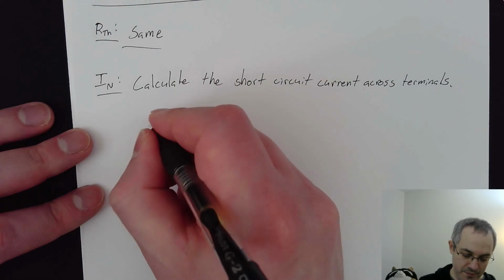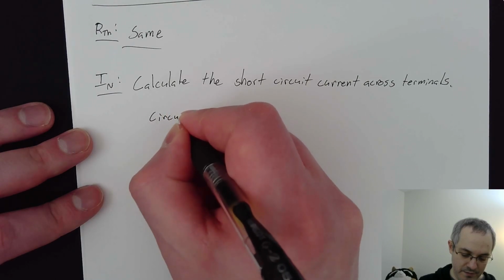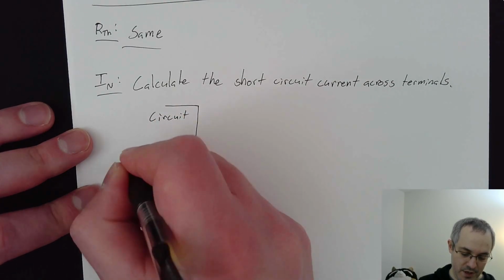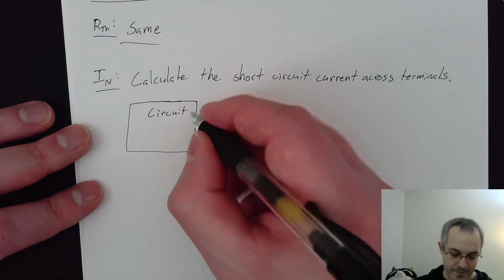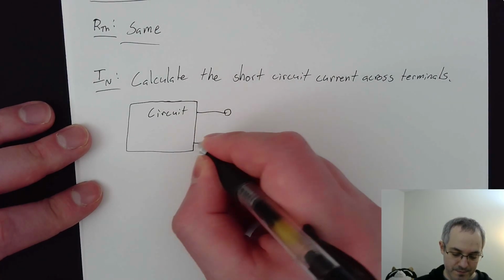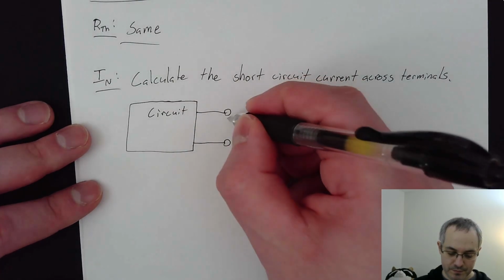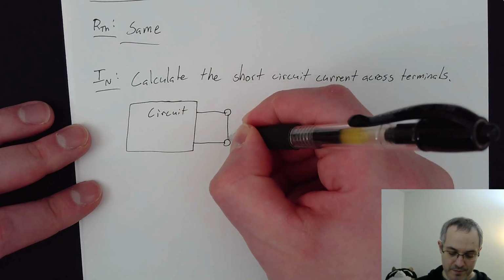Well, here it comes. So we have our circuit, I'm going to do the box first. That was enormous. Okay, so we have our circuit, whatever that is. We're just going to add a wire.